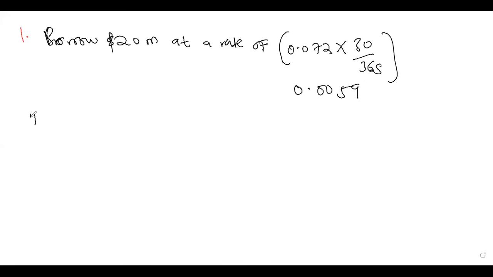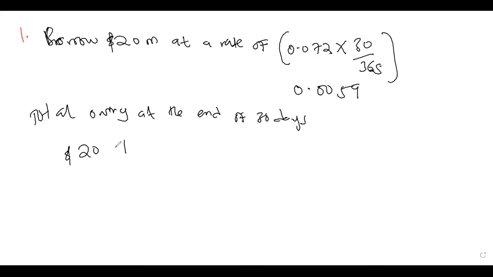So it means that our total owing at the end of 30 days will be 20 million plus 20 million times 0.0059. So at the end of the 30 days, we owe this amount, the 20 million plus the interest on the 20 million.